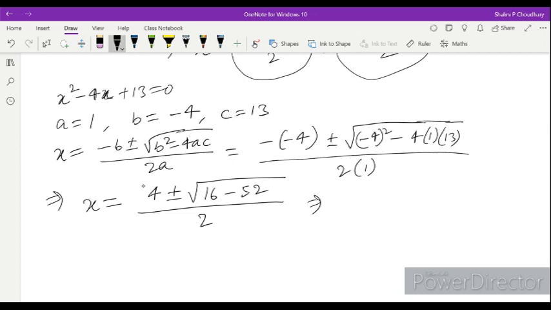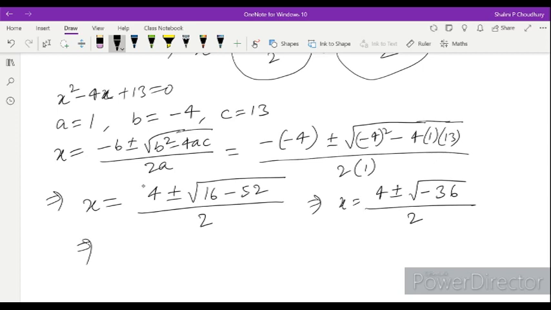Now we'll find out the value. x will be equal to 4 plus minus square root of 16 minus 52, which will be equal to minus 36, divided by 2.